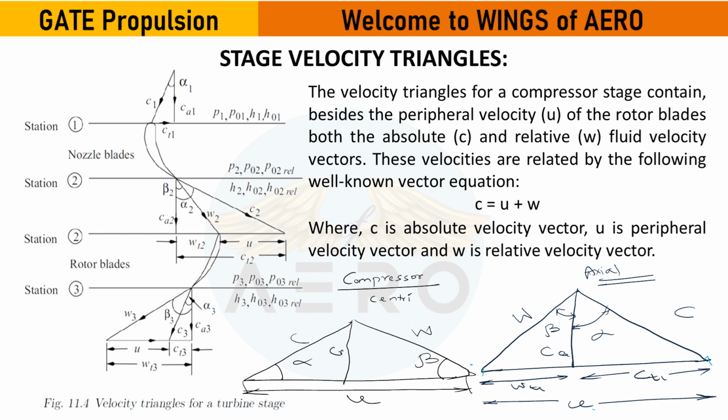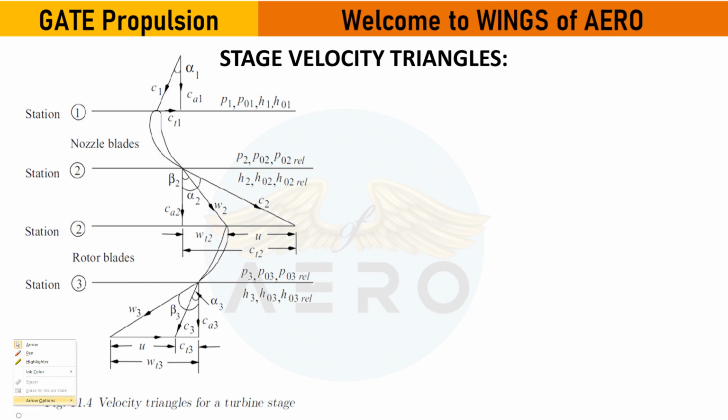For this axial turbine, just imagine it's a paper, and this particular side you're folding and transforming to this side. What kind of triangular shape will you get? That is your axial turbine velocity triangle. Let's make it in this way. Let me repeat.